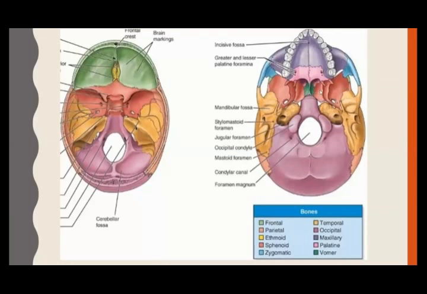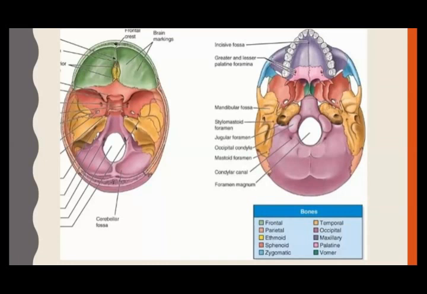In the midline, this is the partition of the nose. The green is called the vomer. It is a separate bone that forms a partition of the nose. At the back are the posterior nasal openings.